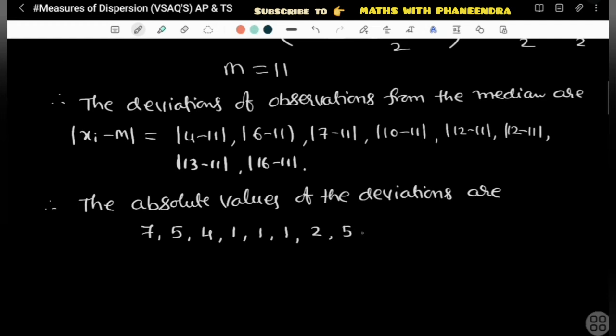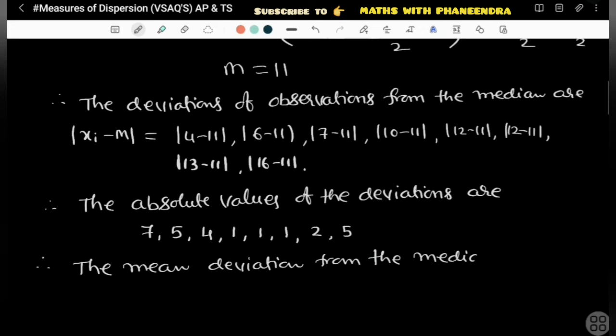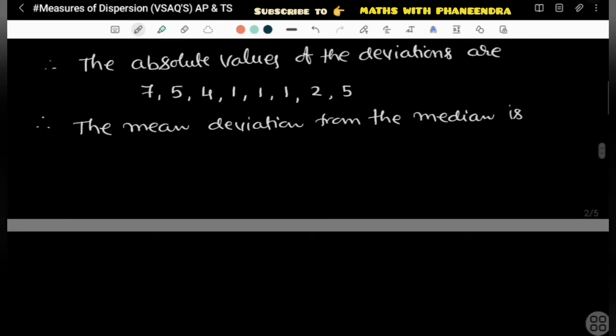These are the information. So for this, the last step, the mean deviation about the median is mean deviation MD equals sigma mod xi minus M by number of observations.